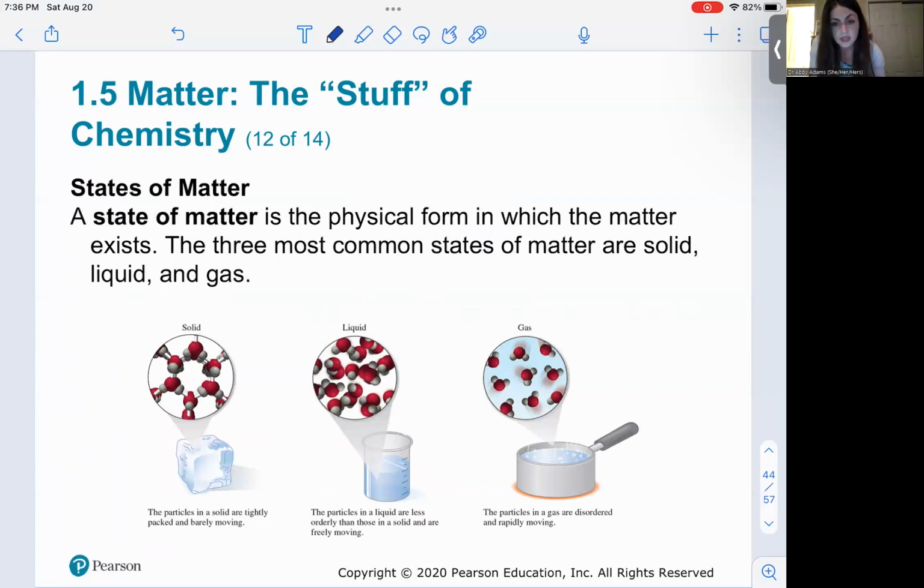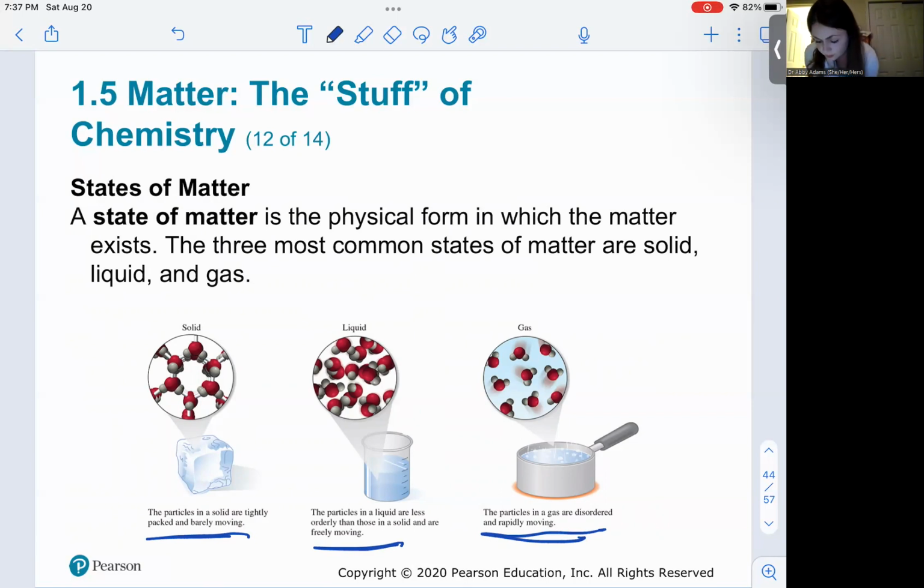All right, the states of matter, the physical form in which matter exists. We talked about the three different examples: solid, liquid, and gas. But we didn't talk about the properties of those. So what does that mean? So basically, just think about that. Do you remember what makes something on a particle level a solid, liquid, or gas? And it's written for you right here, and we have our trusty example of water, ice, and water vapor.